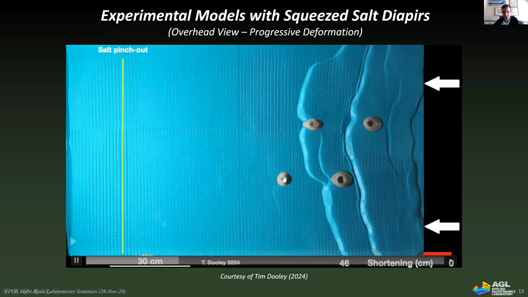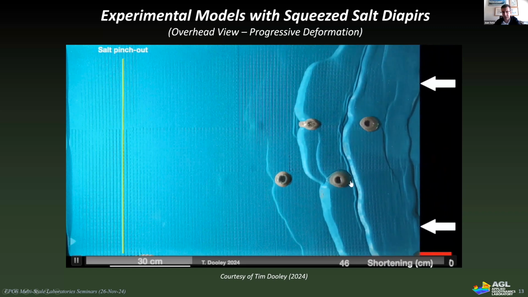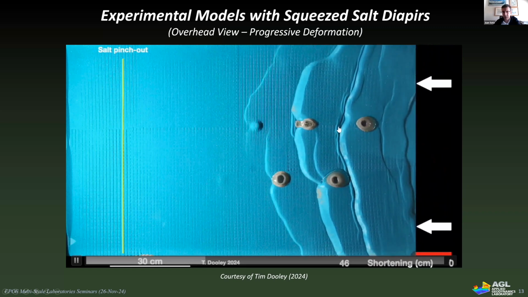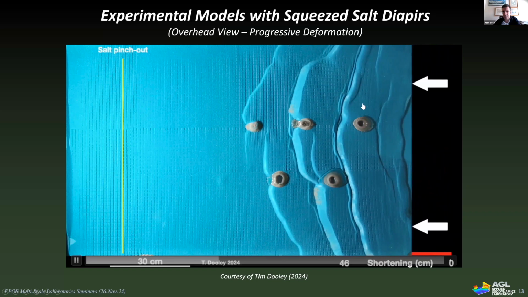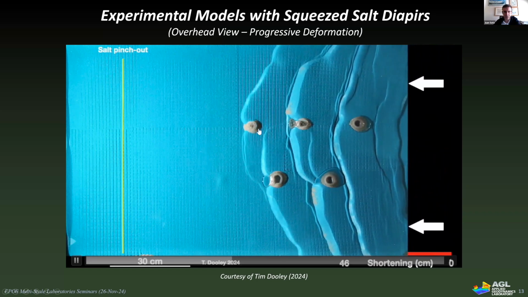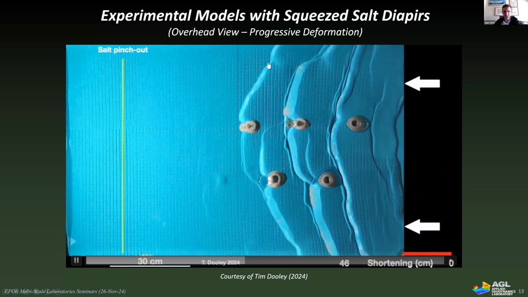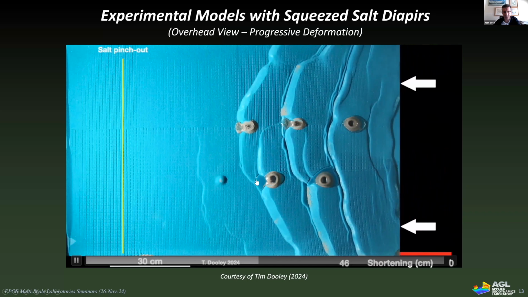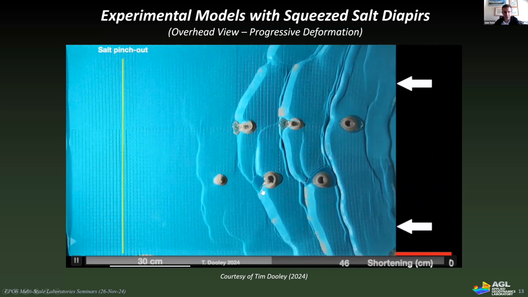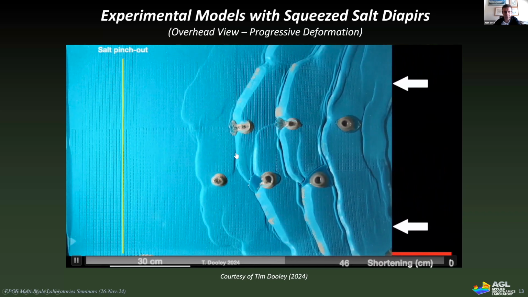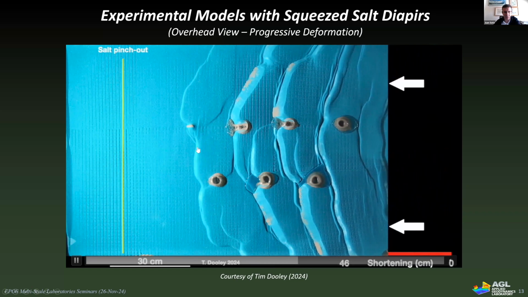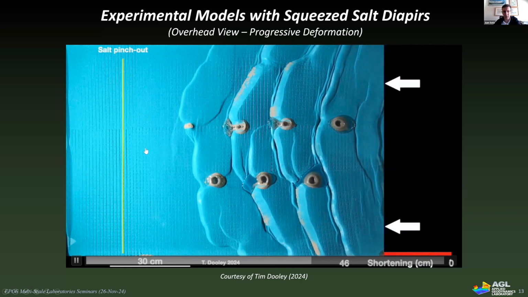They change to be extrusive structures, and also look at the progression of thrusting being younger on the right, and you will see how the thrusting geometries are controlled by the position of the salt plugs, and you will identify that there is a young direction of thrusting toward the left.